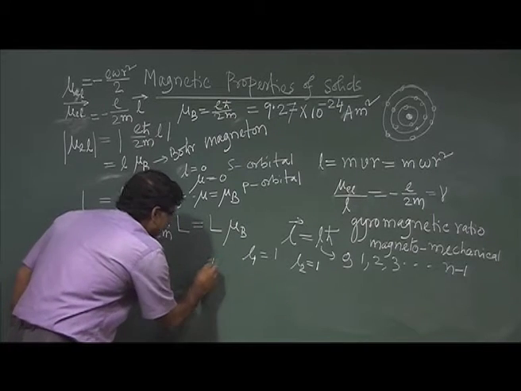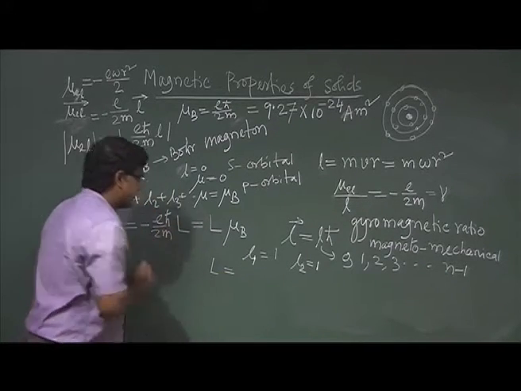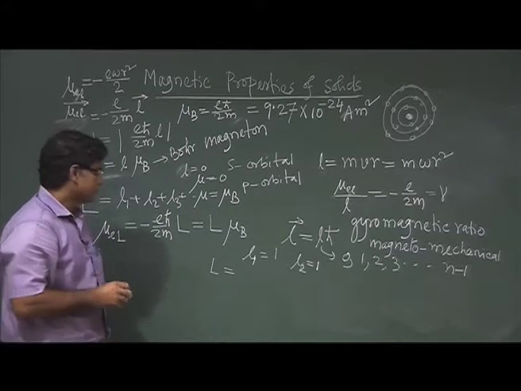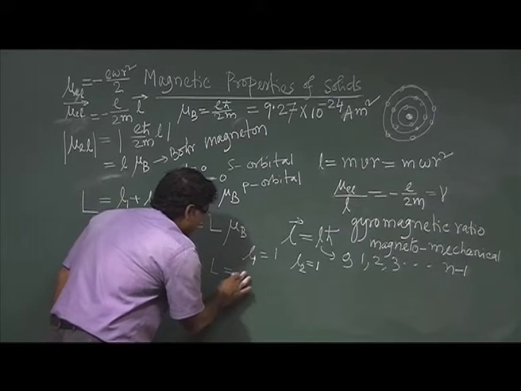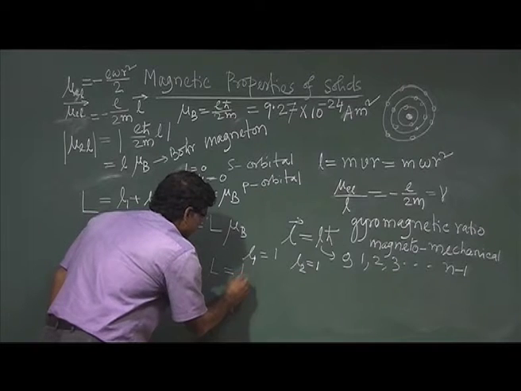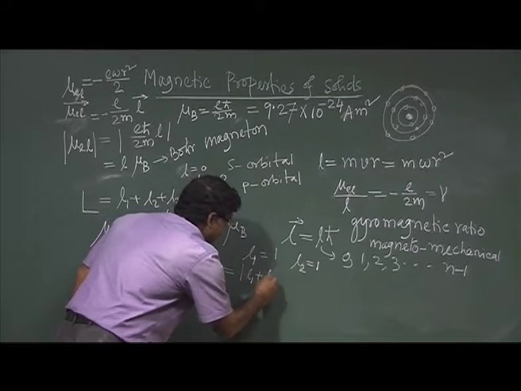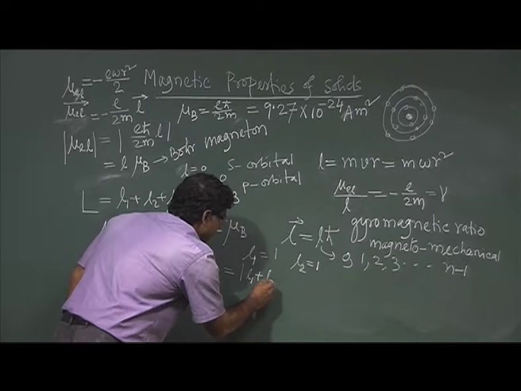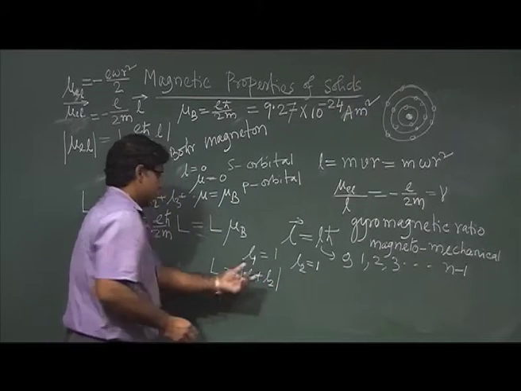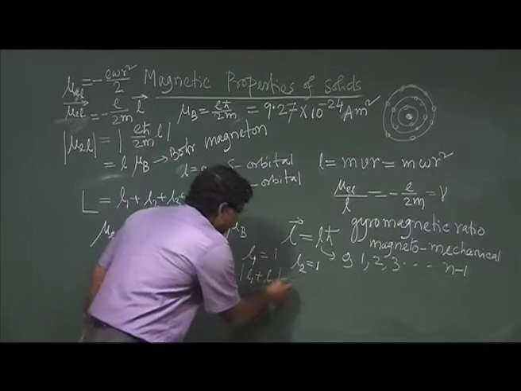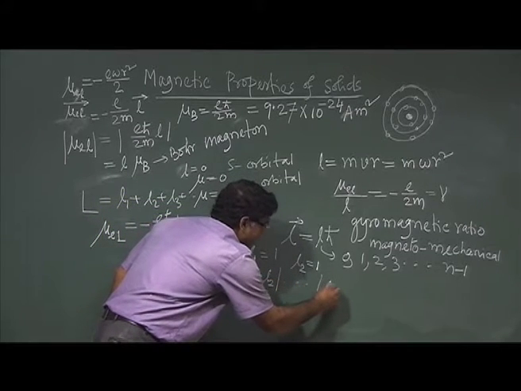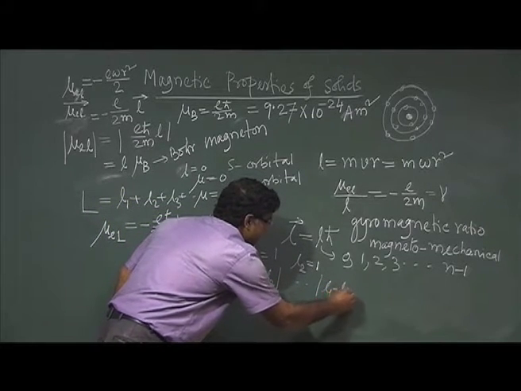So, resultant L, from vectorial sum, comes from L1 plus L2 to L1 minus L2, okay.